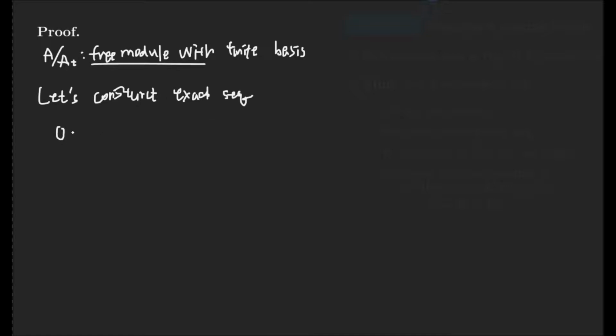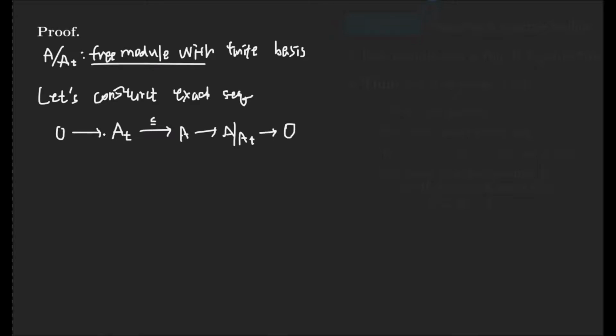This means 0, AT, and A. This contains, clearly, a submodule, and the quotient set, and 0.